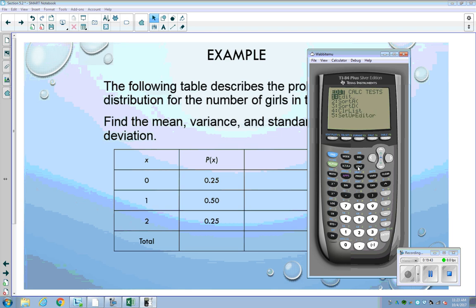We're going to go to Stat, go over to Calculate, and choose number 1, the variable stats. And those of you who have my calculator, list 1 is L1, I'm going to go down to frequency and put in L2. Those of you who have the previous version, yours comes up with variable stat 1 and then it just stops right there. You have to put in L1, comma, L2.